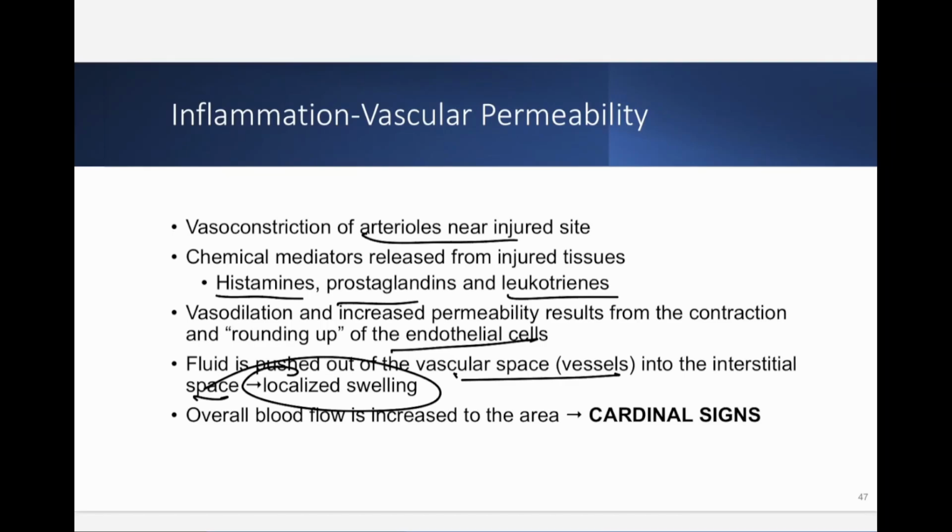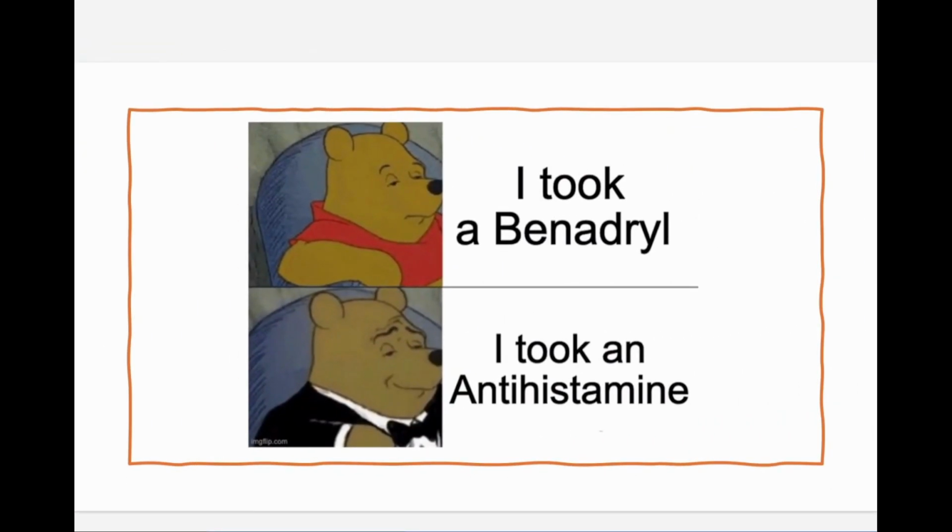Overall blood flow is increased to the area. More blood flow causes the redness, because blood is coming to the capillaries in the skin. The heat is because the blood is closer to the surface. I have a whole big graph that I'll go through, so don't worry about writing it down now. Here you go.